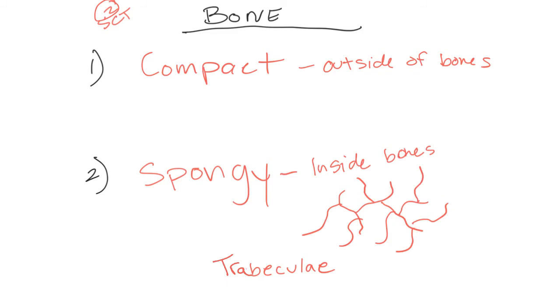Yes. There's going to be a compact layer around all your bones. Spongy's not going to be on the outside. You can't see spongy bone unless you cut it open, somehow, or break it off. But not all bones have spongy bone on the inside.